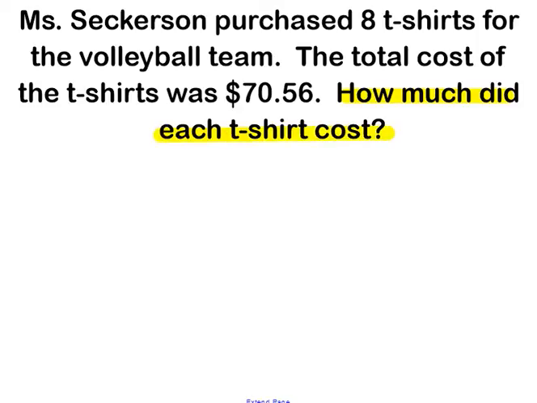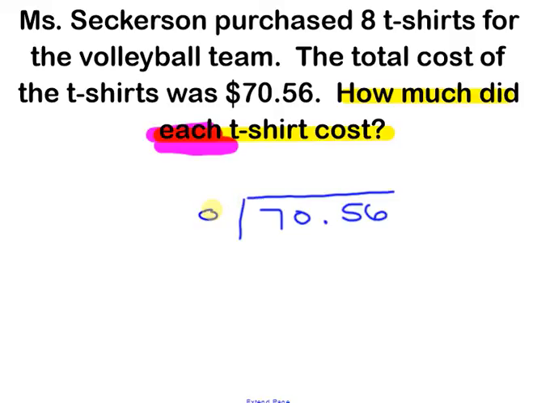And I'm going to look for what signals division. So it's telling me each t-shirt. So that's usually going to tell me that I need to break it down into a group of some sort. So we're going to do 70.56 divided by 8. And my first step is going to be to bring that decimal point straight up to the roof.